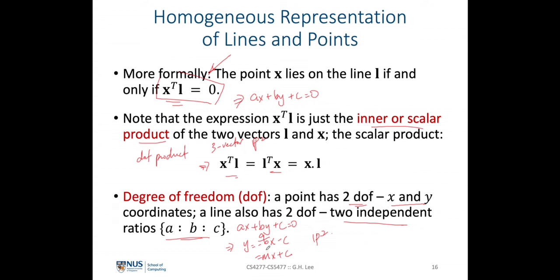So in this case, we can see that there are only 2 parameters that matter, which are m and c, the gradient and the y-intercept of the line.